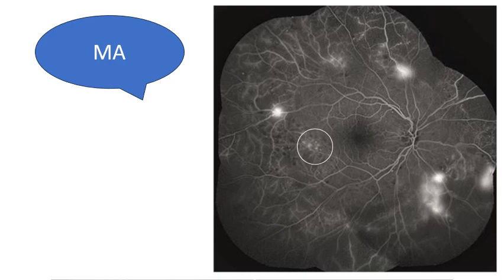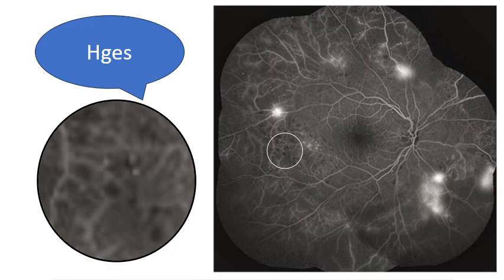This slide shows a composite image of a fluorescein angiography of a diabetic patient. As you can see in the circle, there are hyperfluorescent microaneurysms. There is some blocked fluorescence corresponding to retinal hemorrhages.